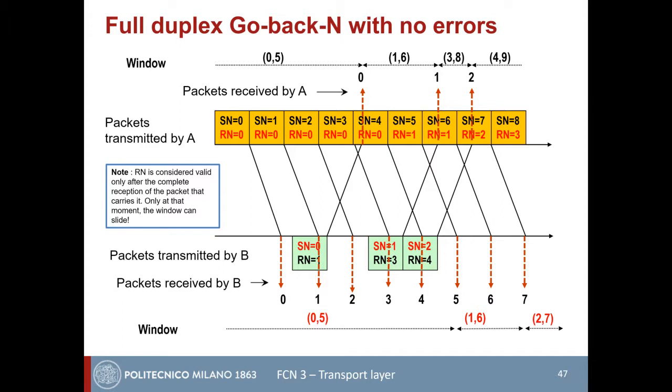So as soon as this packet arrives at A, the content is sent to the upper layers, and since the packet has Rn equal to 1, the transmission window of A slides on by 1 position. So it is now 1 to 6. So A can continue the transmission without stopping, and now it can go up to 6. So it starts sending number 5, number 6.